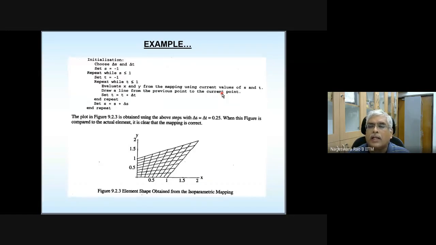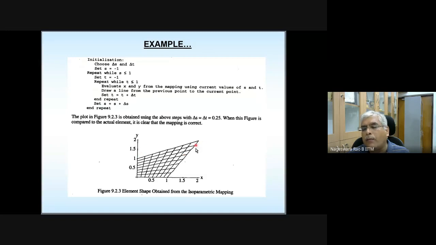Okay, so if you plot X as a function of S and T, Y as a function of S and T, with S going from -1 to 1, T going from -1 to 1, this is how that plot is going to be. How to plot this? You just go to Mathematica or MATLAB and see how to plot parametric equations. And when we see some other example, you will understand this.